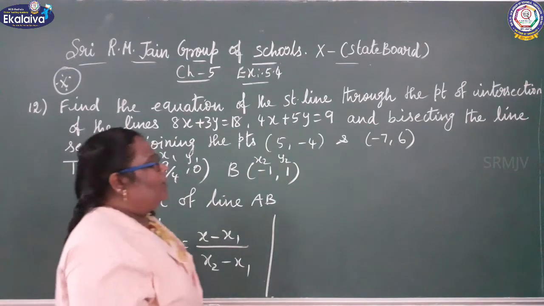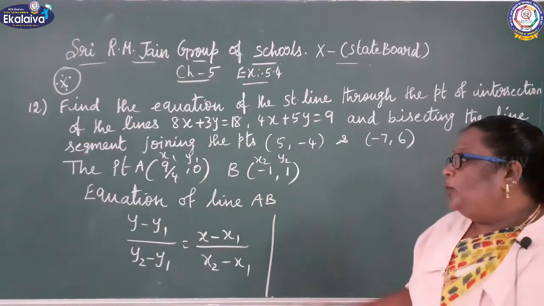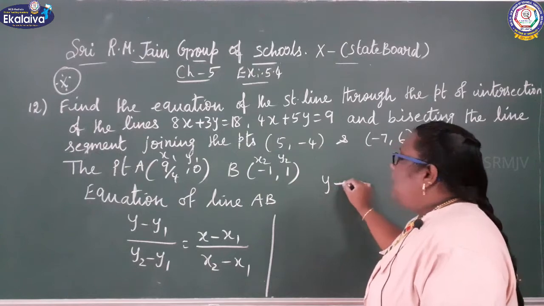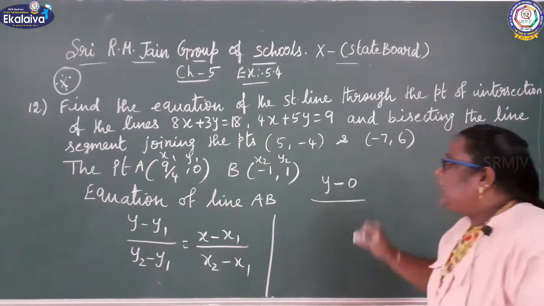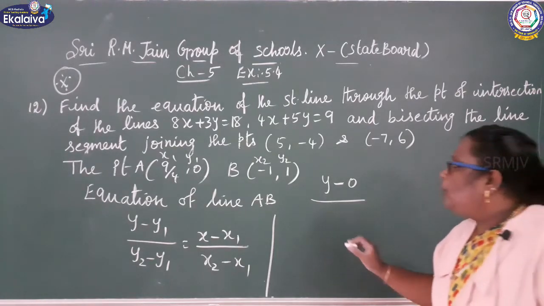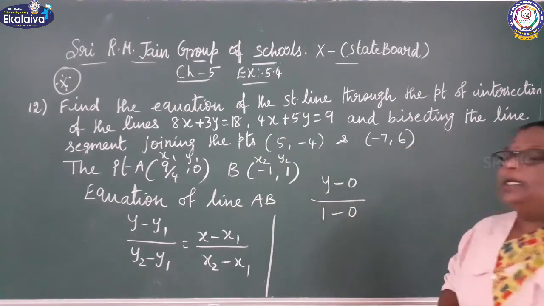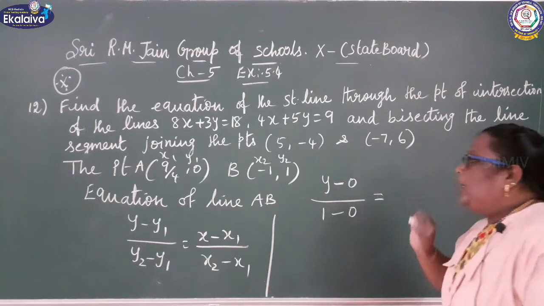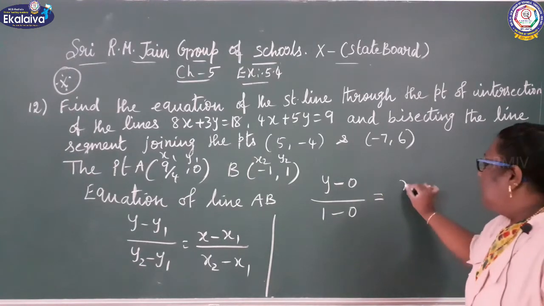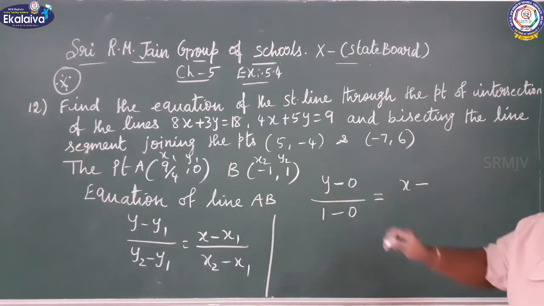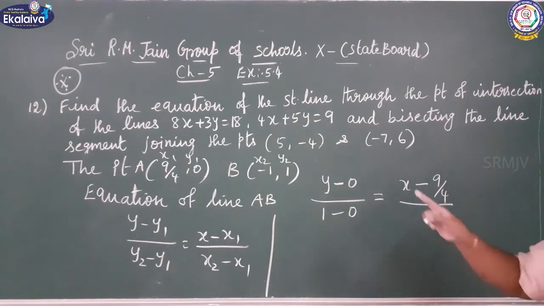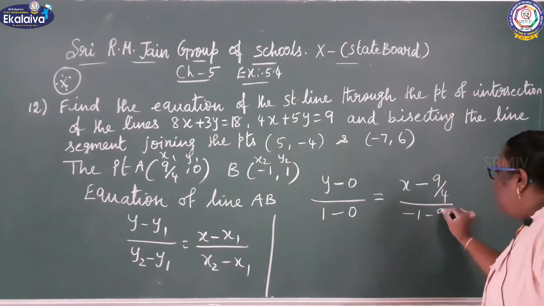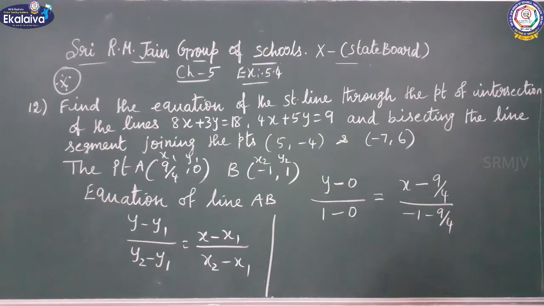So you can substitute the value of x1 y1 in this formula. Y minus y1, y1 is what? 0, by y2 minus y1, y2 is 1 minus 0, equal to x minus x1 value is 9 by 4, by x2 value is minus 1 minus 9 by 4.